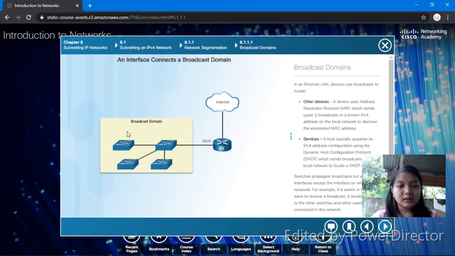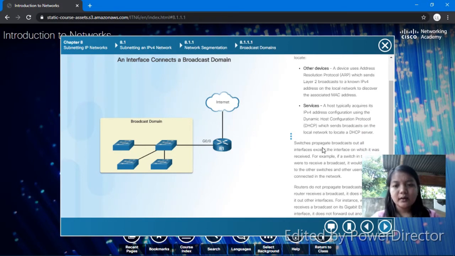So these are the broadcast domain, and this one is the internet. Then for services, a host typically acquires its IPv4 address configuration using Dynamic Host Configuration Protocol, the DHCP, which sends a broadcast to the local network to locate the DHCP server.